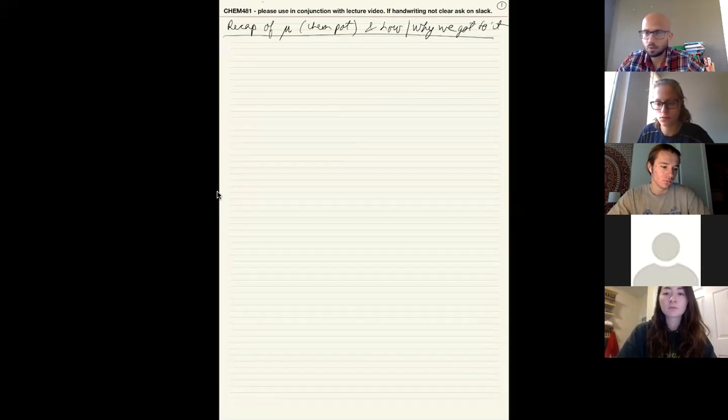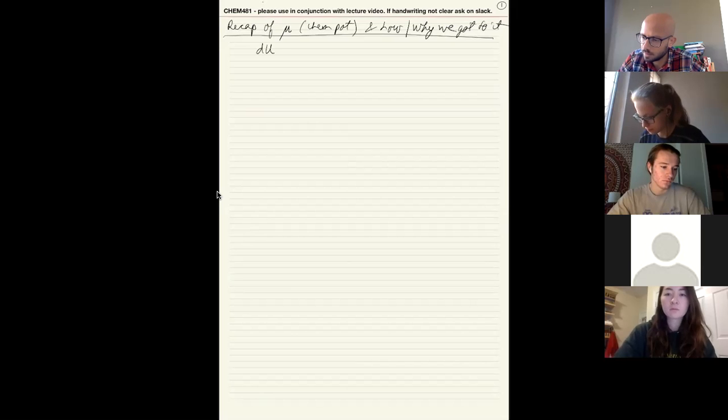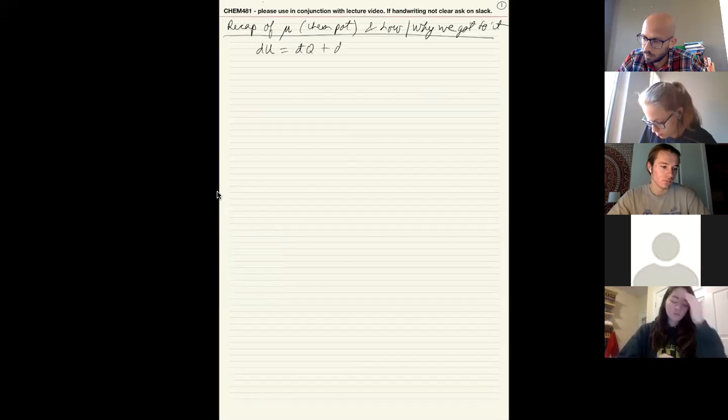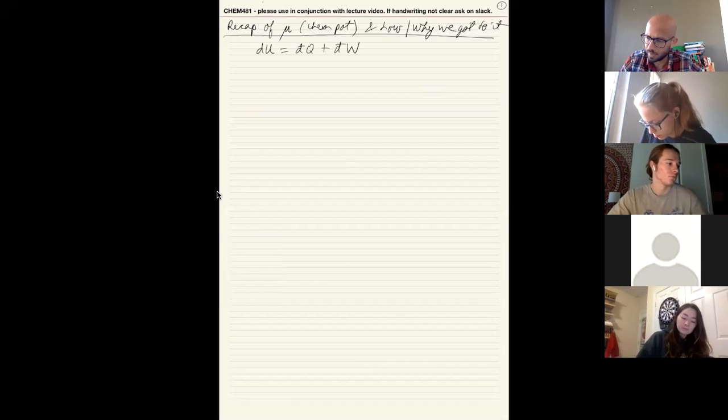So in order to do this, our starting point always is, like in anything, the first law of thermodynamics: dU is equal to dq plus dw. And then we had the second law of thermodynamics, and I'm going to write it in two forms.